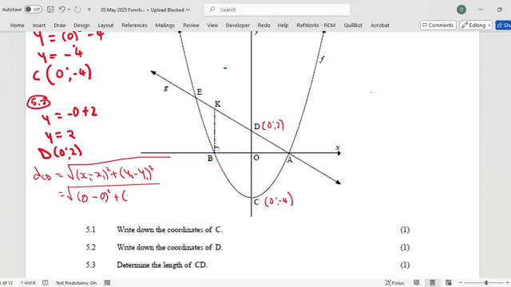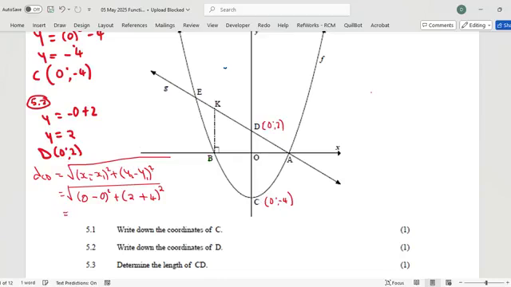Positive 2 minus my y1, which would be negative 4. Can I write plus? Yes, because we know that negative multiplied by negative keeps positive. So we write plus 4 there, all to the power 2.